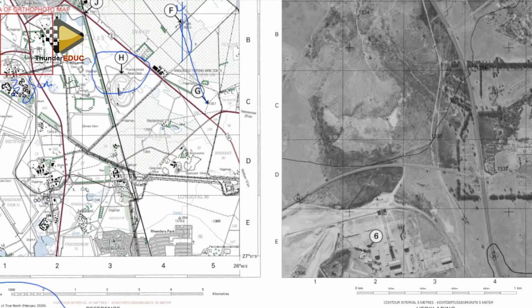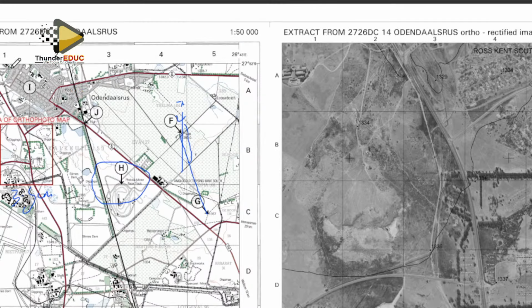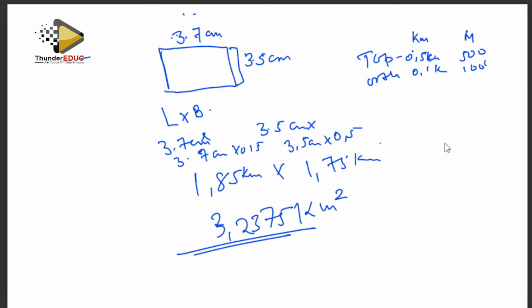We go to the map quickly. Here is the map. Where is I? I is here. What do you see here? It looks like blocks. If you remember very well, when you're looking at street pattern, we said we have planned, irregular, planned irregular, and we have the grid.